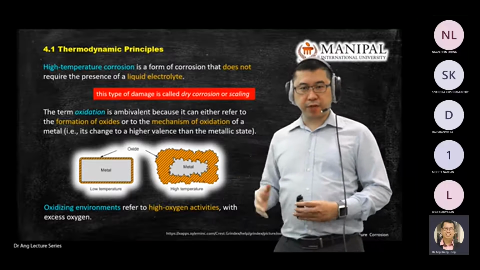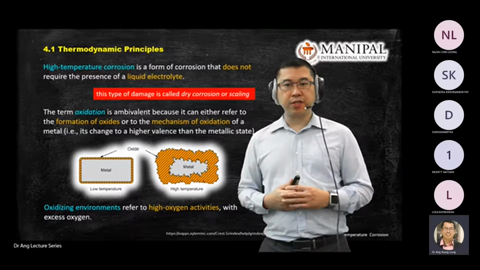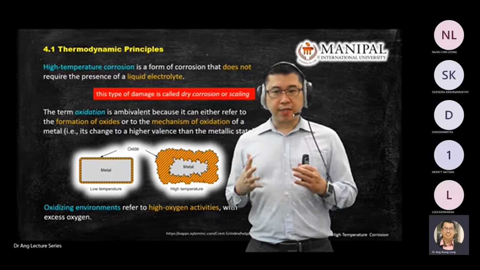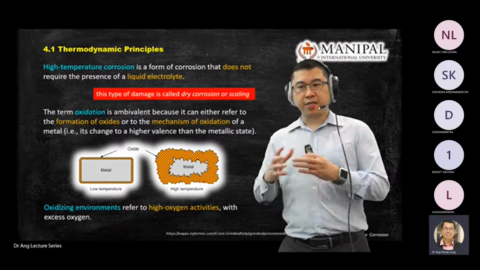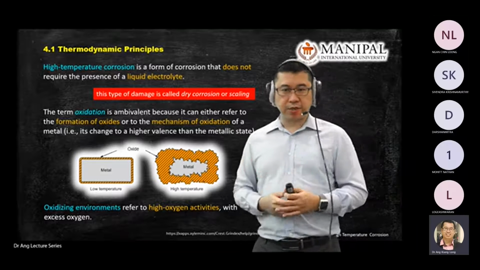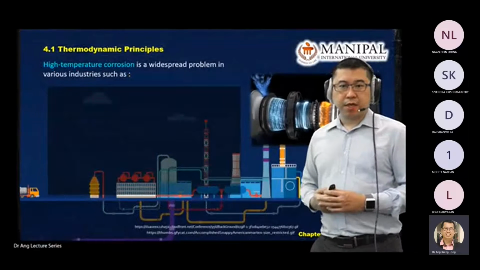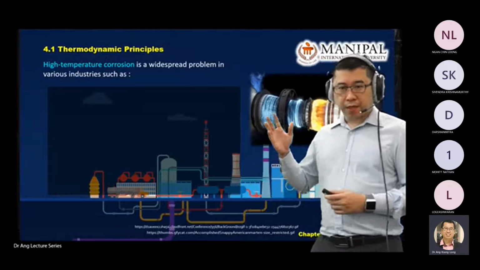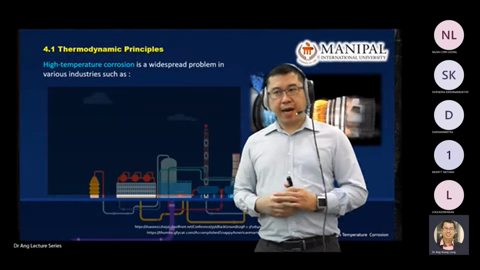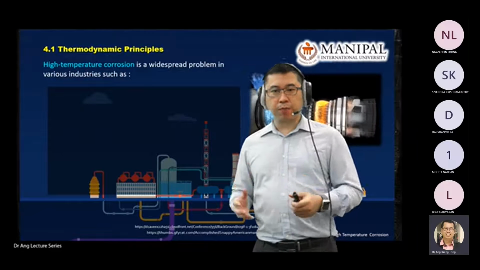So we have done with some basic definitions for high temperature corrosion: what oxidation is, and what environment allows oxidation to happen. Next, where can high temperature corrosion take place?